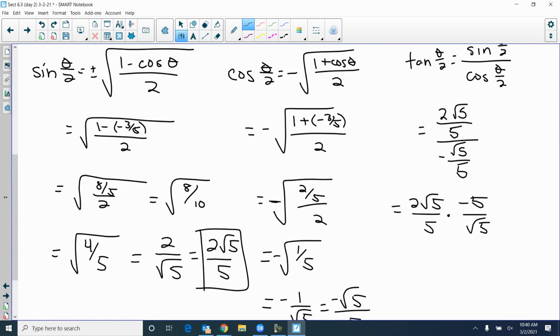That negative does not need to travel with that top number moved down below. The whole thing just needs to be negative. So don't assume that if it's negative radical 5, it needs to travel with there. It can just keep the whole thing negative. Well, everything cancels except 2 and that negative. And so tangent of theta over 2 equals negative 2.